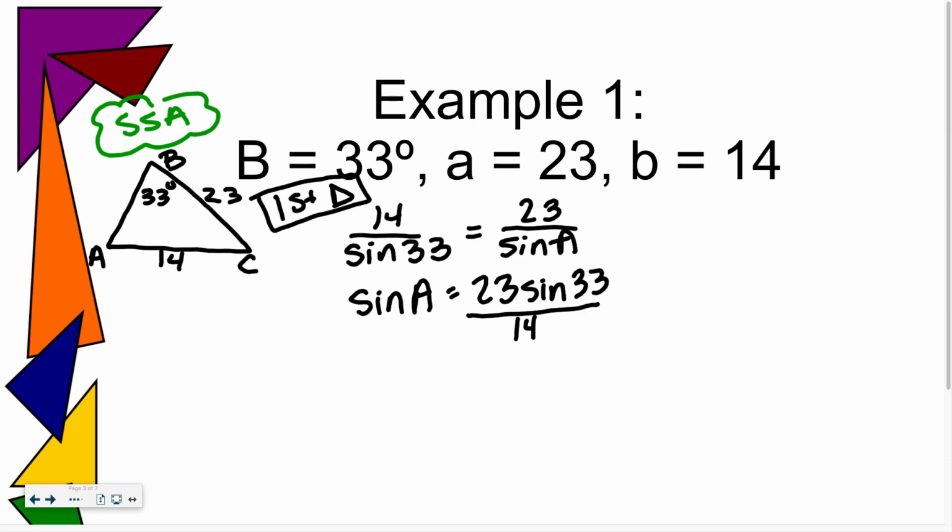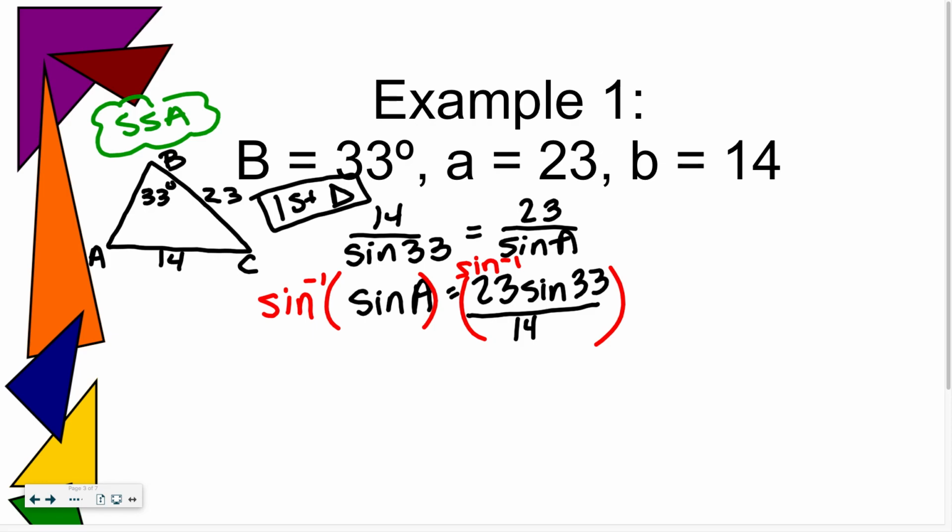So I'm going to go ahead and do inverse sine. If you feel comfortable, you can type that all in at once. Again, make sure your calculator is in degree mode here. So pay attention to your parentheses if you need to close them.